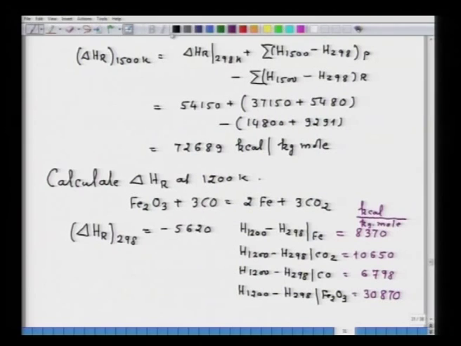Now, once these values are given, then it is simply addition and subtraction. So, delta H R at 1200 Kelvin for this reaction will be equal to minus 8,194 kilocalorie per kg mole. So, this will be the answer. That is the way you will be calculating.